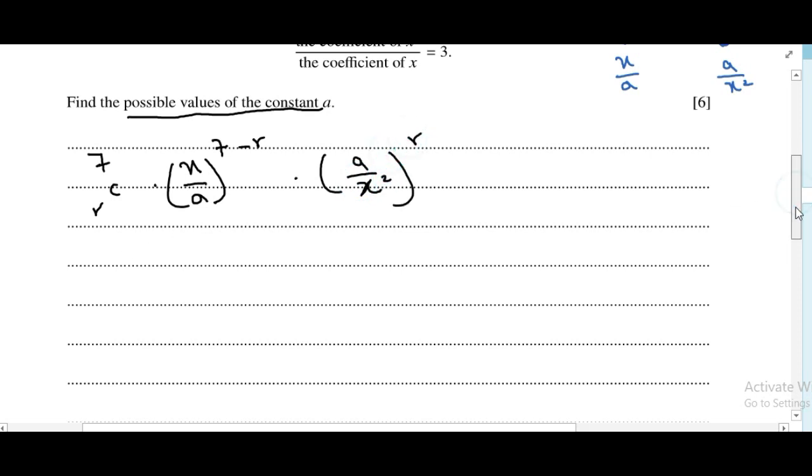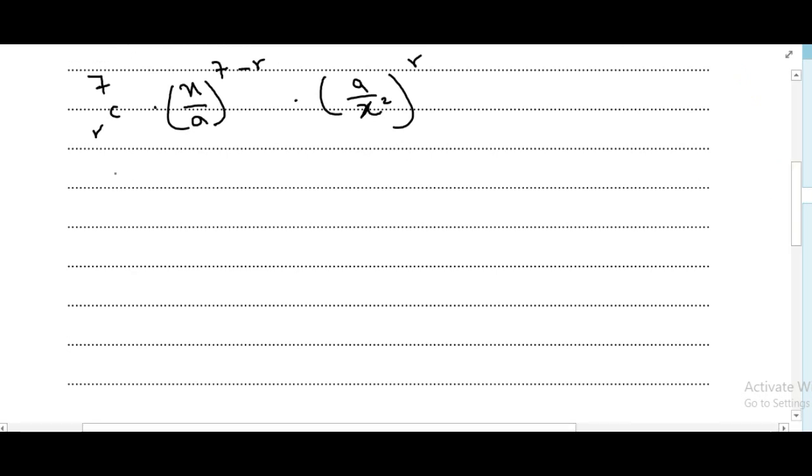If we simplify it, it would become 7Cr times x^(7−r) into a^r, divided by a^(7−r) times x^(2r).